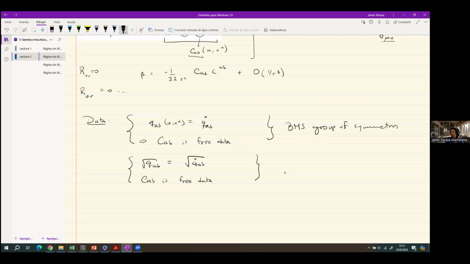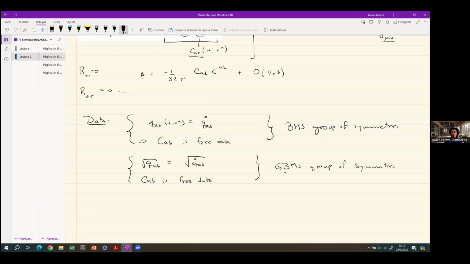And if we take C_AB as free data and say that the metric is not fixed, but the volume element is fixed, then we are going to have what is called the generalized BMS group of symmetries.